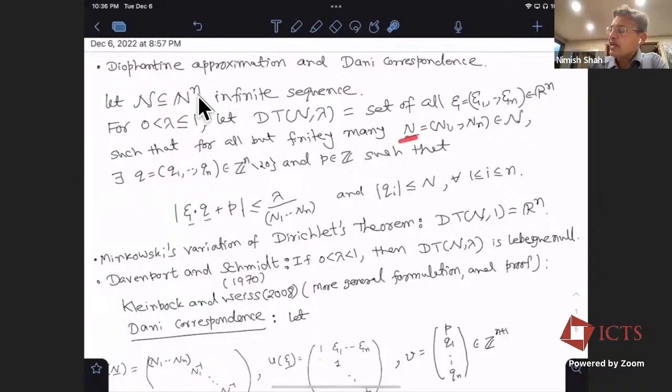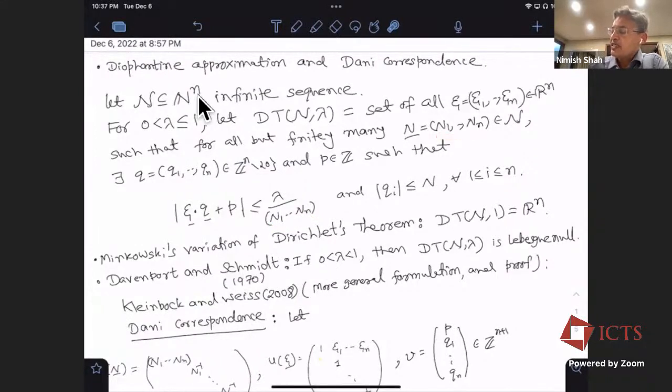So for all but finitely many elements there, there exists an integer vector Q in Z^n and an integer P in Z, so that if you take the inner product between C and Q, you think of this Q as some kind of integral linear form evaluated at C. So C dot Q, and then you add this integer P, then the absolute value is less than or equal to lambda times the product of all these n1 into nn.